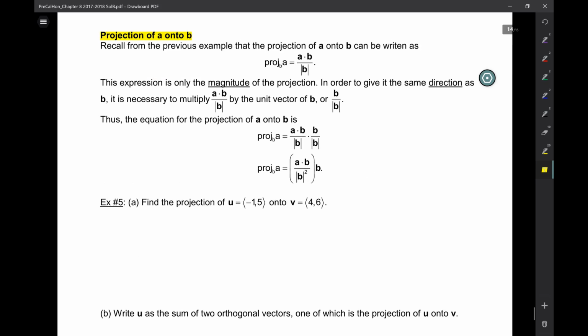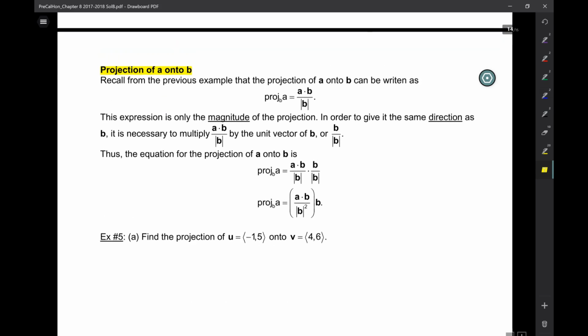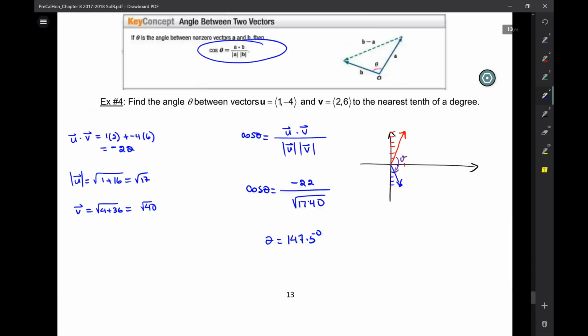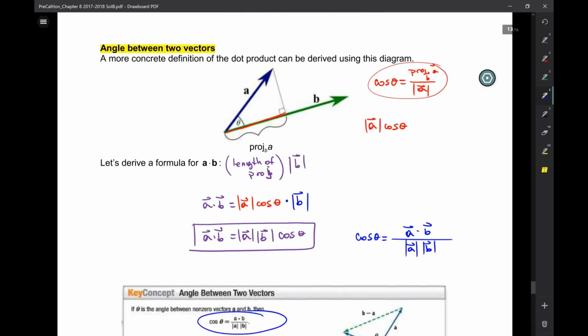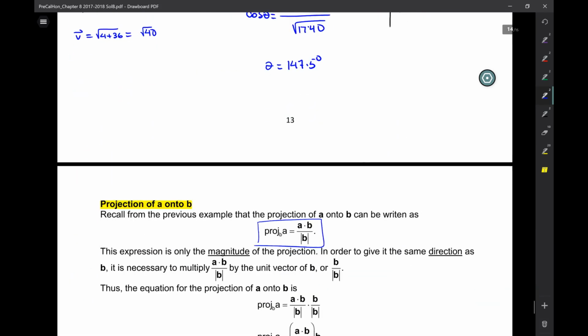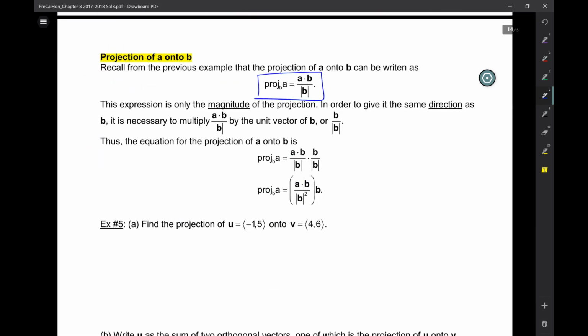What we're going to do is take this. Remember how we just said this is the projection? It's A dot B over the magnitude of B from here. So now this is the magnitude of the projection.